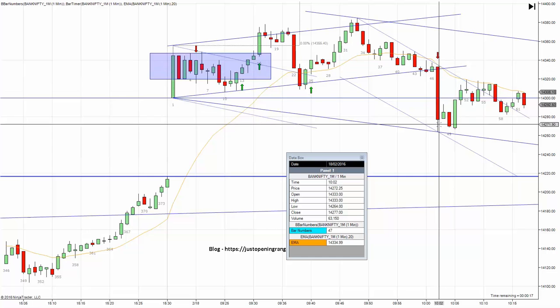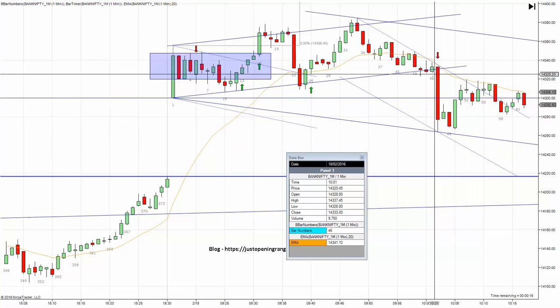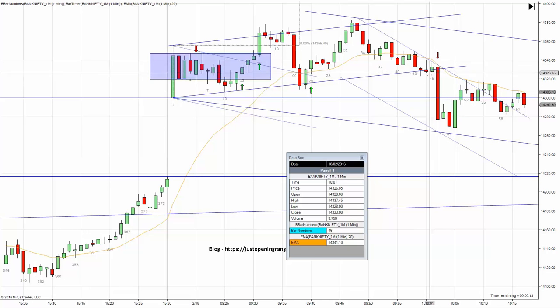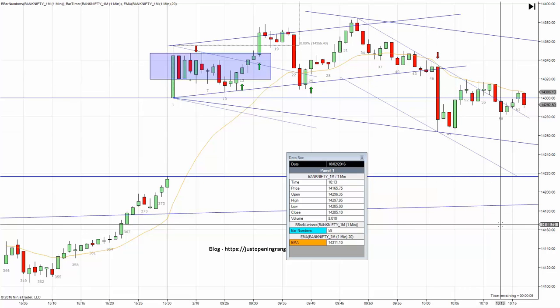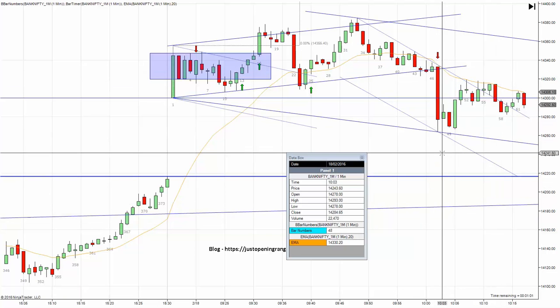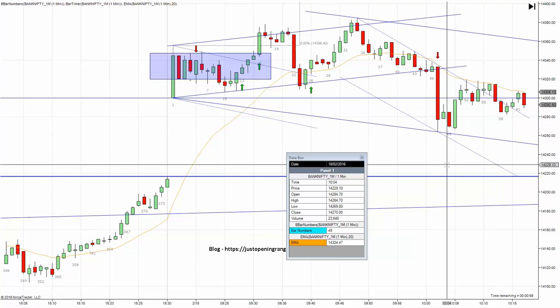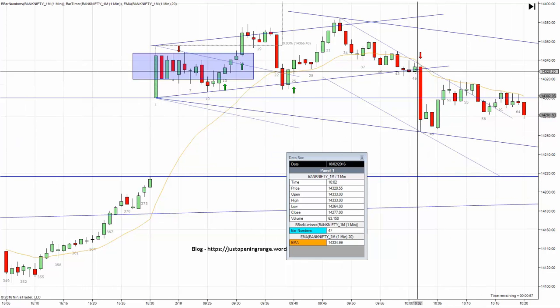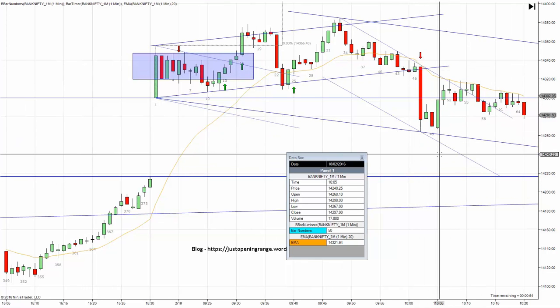So there were a lot of stops here which got hit. You can see this through this big bear bar. The moment this bar broke through 46 low or 45 low, it was a big bar. So a lot of traders were caught up, and the stops were hit, and that fueled the rally down, right? Of course, there was no follow through, but this was at least a quick 20 points trade.